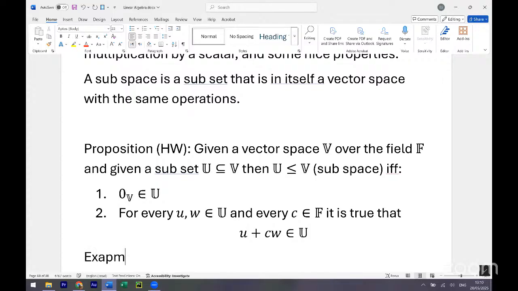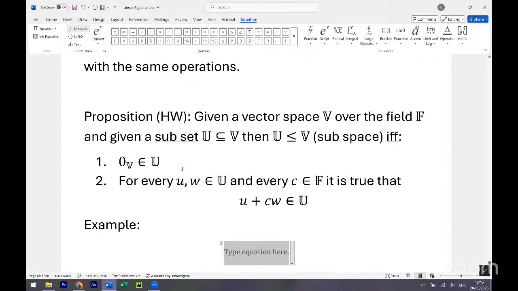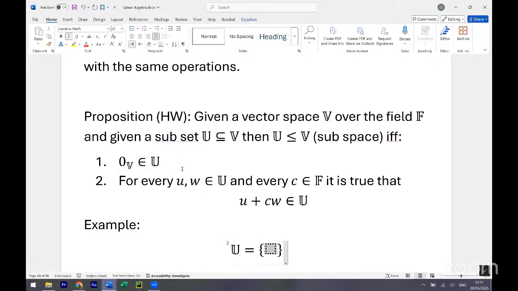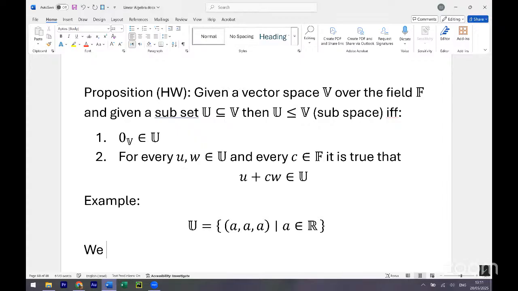Let me give you an example. Take U to be all of the vectors of the type (a, a, a), such that a is a real number. That is a subspace. We will prove that it is a subspace.